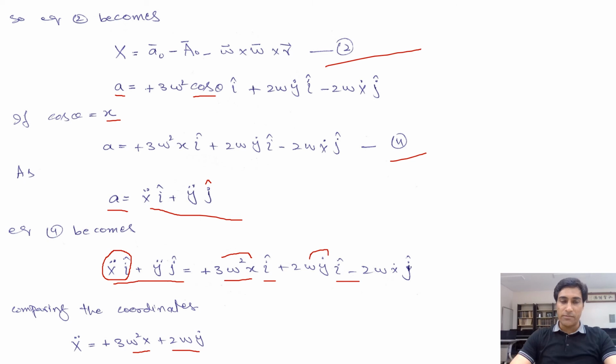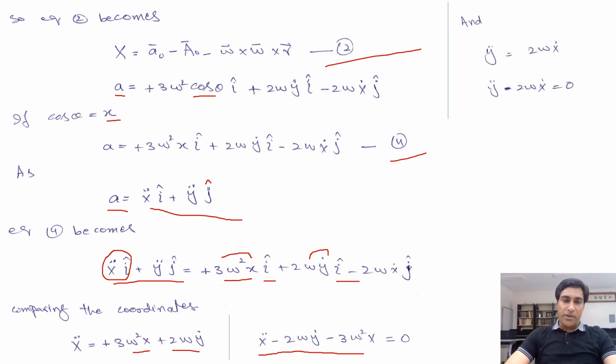So we have these terms now, and with simplification, this is the equation of motion: x double dot minus 2 omega y dot minus 3 omega square x equals 0. And for y, we compare this term with this one, because it contains the j unit vector.